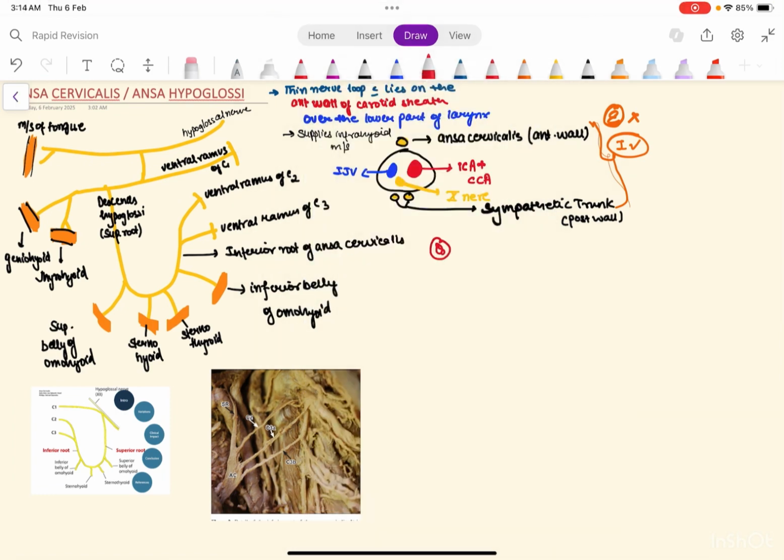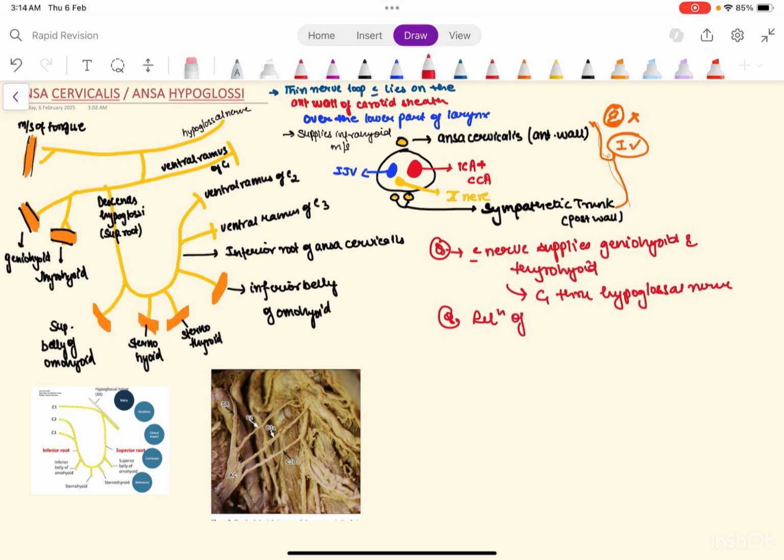Now let's talk about the questions. You can get various questions. You can get a question asking which nerve supplies geniohyoid and thyrohyoid. You can't just say Ansa cervicalis, you will say C1 through the hypoglossal nerve. Then you can get the relation of Ansa cervicalis or sympathetic trunk with respect to the carotid sheath.